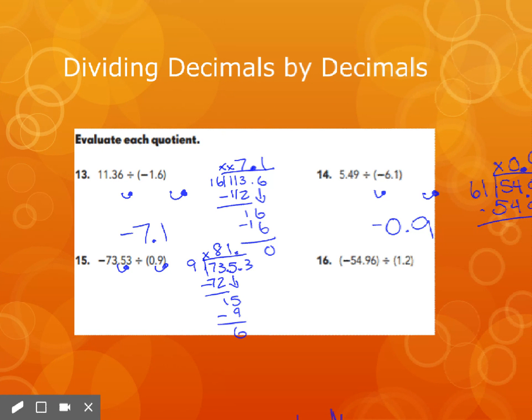That'll be 6. We bring the decimal up. The next number down. 9 goes into 63 7 times. And now we're left with 0. So 81.7 should be the answer. And it needs to be a negative because it's a negative divided by a positive. And lastly, number 16, you should have moved each decimal one place over.